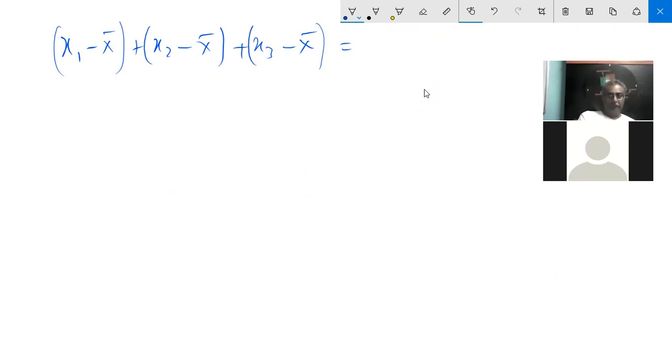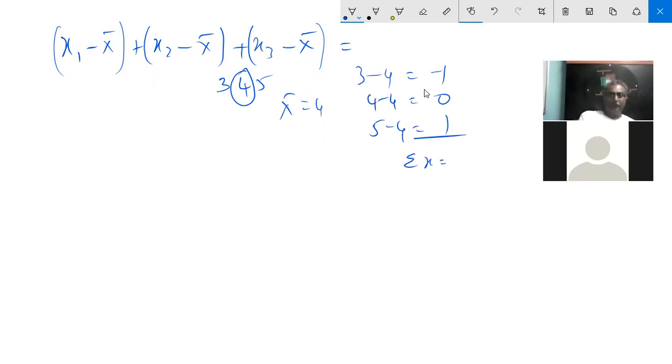We remember 3, 4, 5 is there. 4 is the mean. X bar is 4. 3 minus 4 is equal to minus 1. 4 minus 4 equal to 0. 5 minus 4 equal to 1. So sigma x is equal to plus 1 minus 1, 0. So it is always 0. Remember. So what is the answer for this fifth sum?